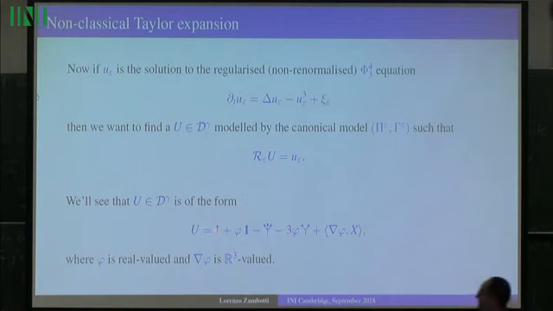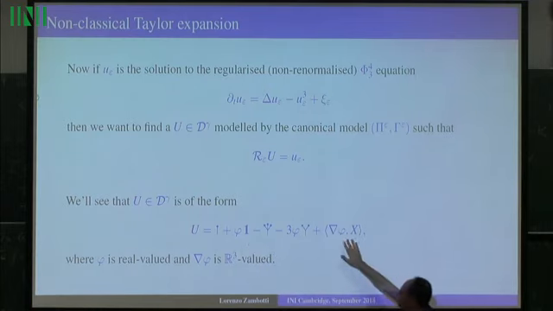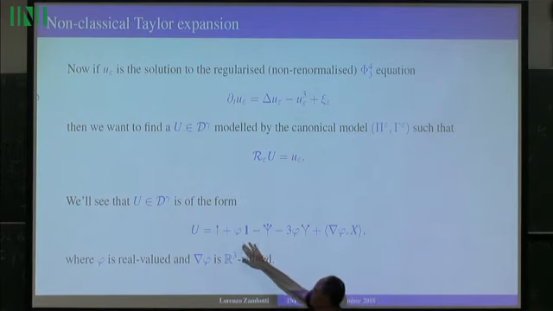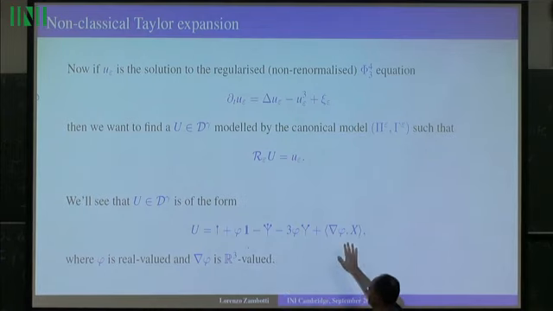And this is again the tree which was missing from the list, where you have some phi here and some, say, gradient phi. By the way, this does not mean that phi is differentiable. It's just in analogy with the classical Taylor expansion.